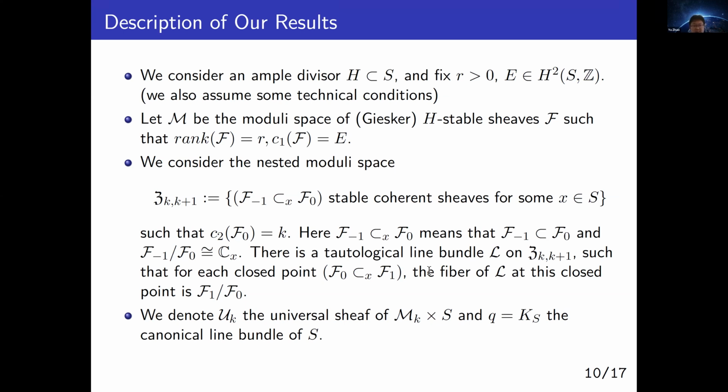This is the condition we need to construct the nested moduli space. So the nested moduli space is that we consider all those modifications, F-1 inside F0, and their quotient is a point.